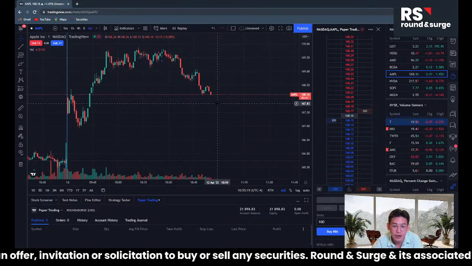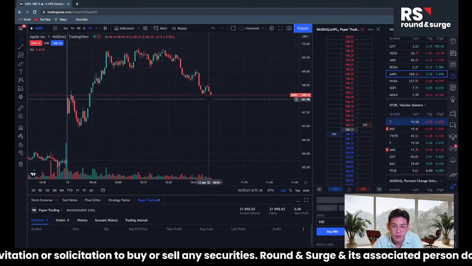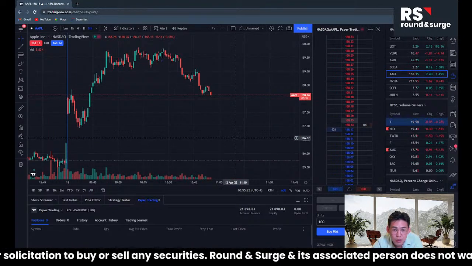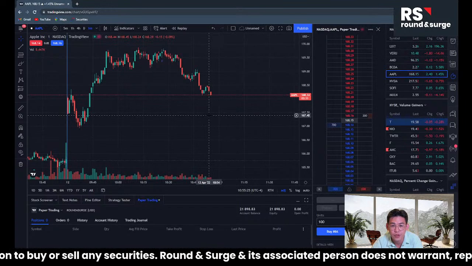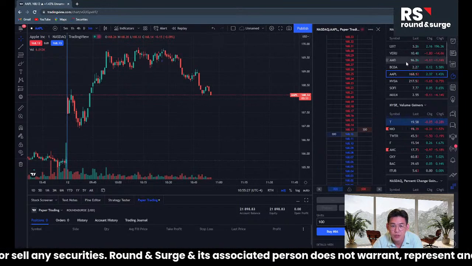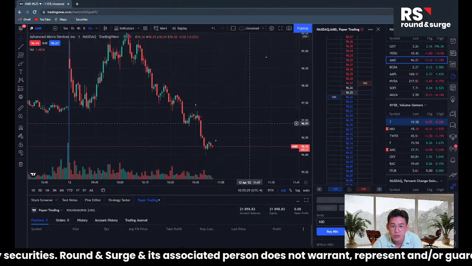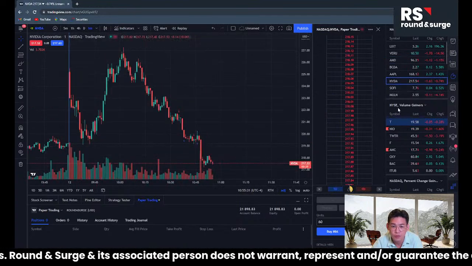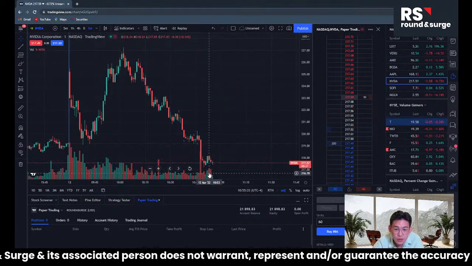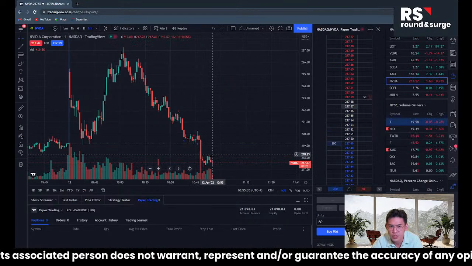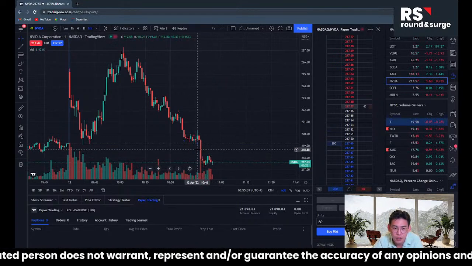Okay, Apple has a rebound, but it's going down right now. I'm not going to take the risk to move in on this. Just look for the rest. It's not much of a bounce up yet.